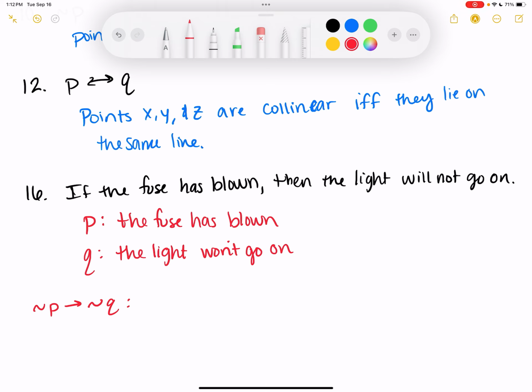If the fuse is not blown, the light will turn on. Yep. If the fuse has not blown, or you can say hasn't blown if you want to shorten it a little bit, then the light will go on.